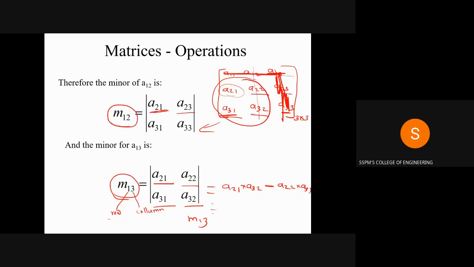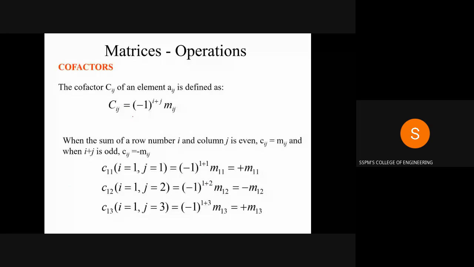Next, cofactor. Now, what is a cofactor? We will take two examples. See, M12 is equal to 5 and M13 is equal to 7.